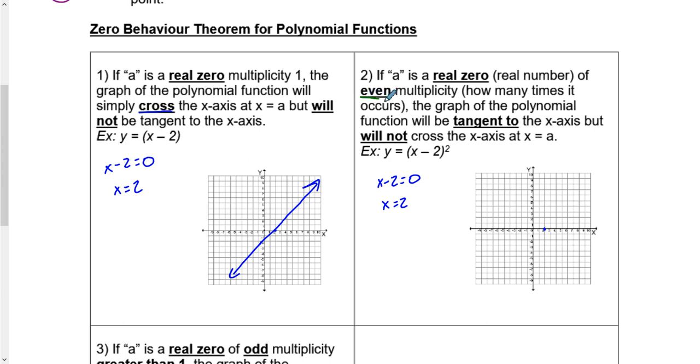Because it has an even multiplicity, (x − 2)² is x − 2 multiplied by x − 2. Because it occurs twice, the graph, I know it's not perfect, just touches the x-axis and then goes back.